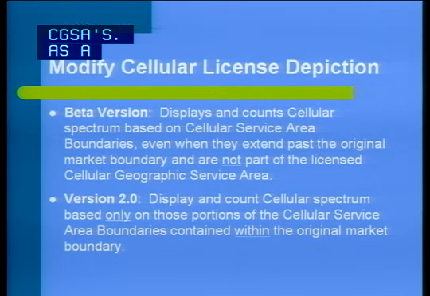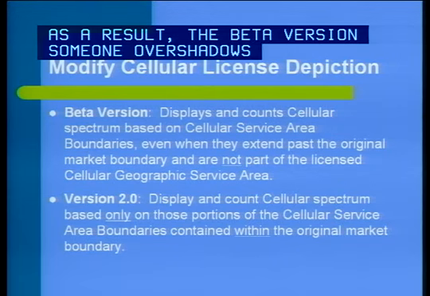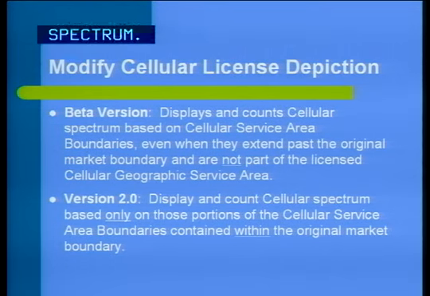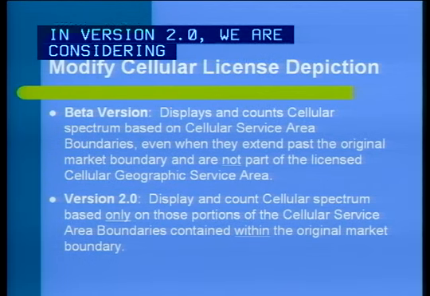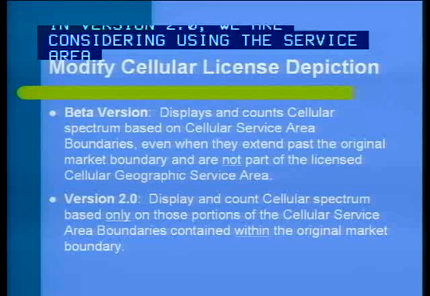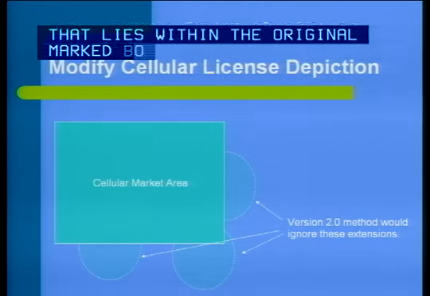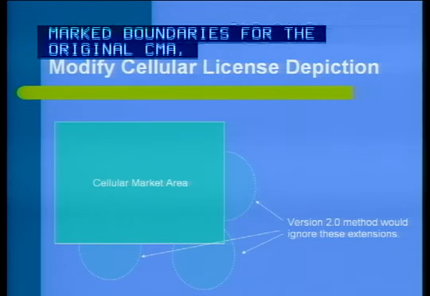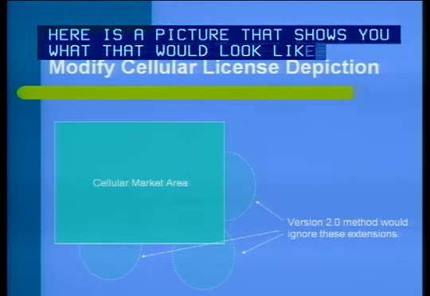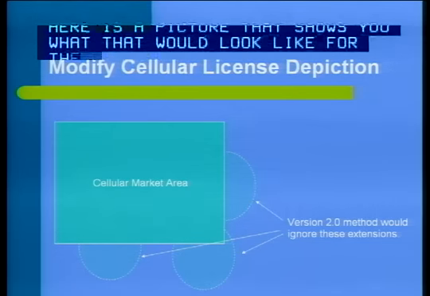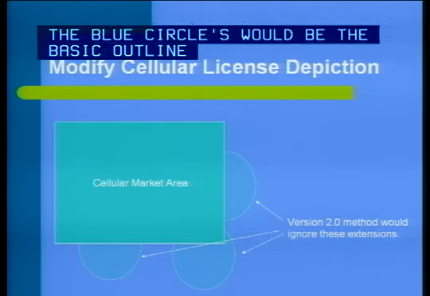For version 2.0, we are considering displaying cellular licenses based on the portion of the cellular service area boundary which we use now that lies within the original market boundary, or CMA. And here's a picture that shows you what that would look like. For this particular case, the blue circles would be basically the outline of the service area boundary, or the SAB, that extend beyond the green box, which is your cellular market area.